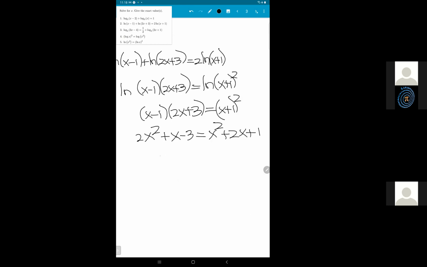And then put all on one side, we get x squared minus x minus 4 equals 0, which should be factorable. So x minus, let's see, is this factorable? x minus 4. Did we do something wrong?